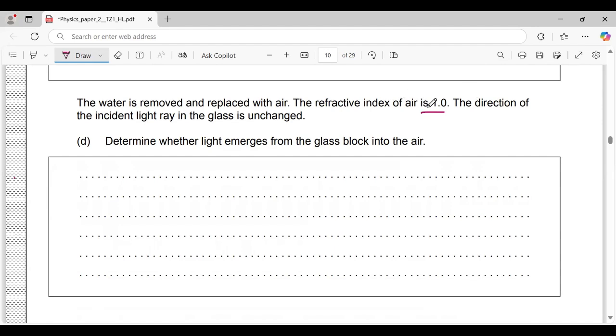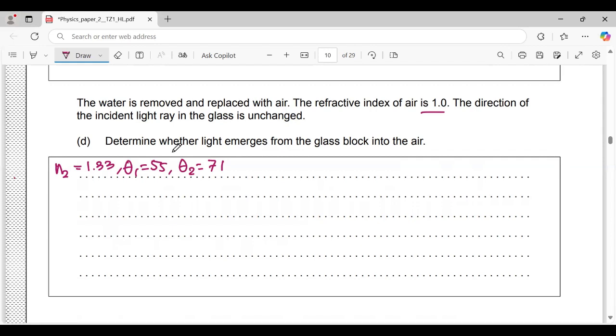So I will begin from the identification that the refractive index of water, n2, is 1.33. Then theta 1 is 55, theta 2 is 71.